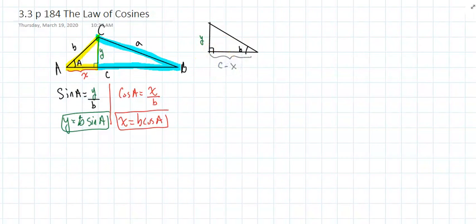And this is, of course, still side a. If I take a squared, that would be y squared plus (c minus x) squared.